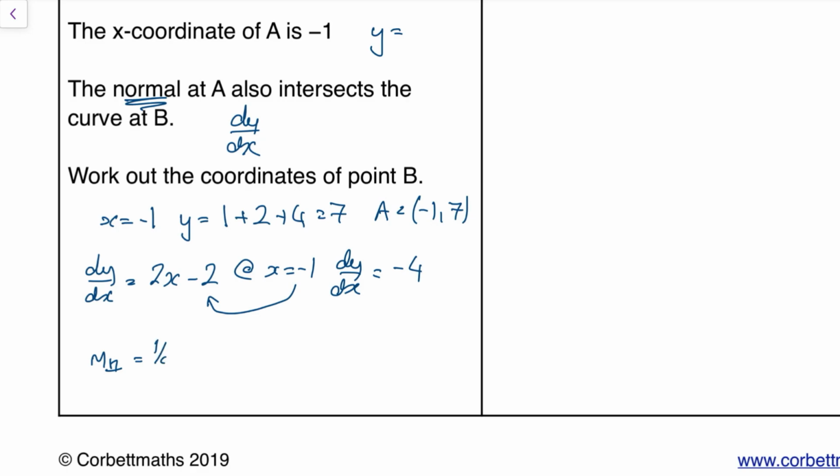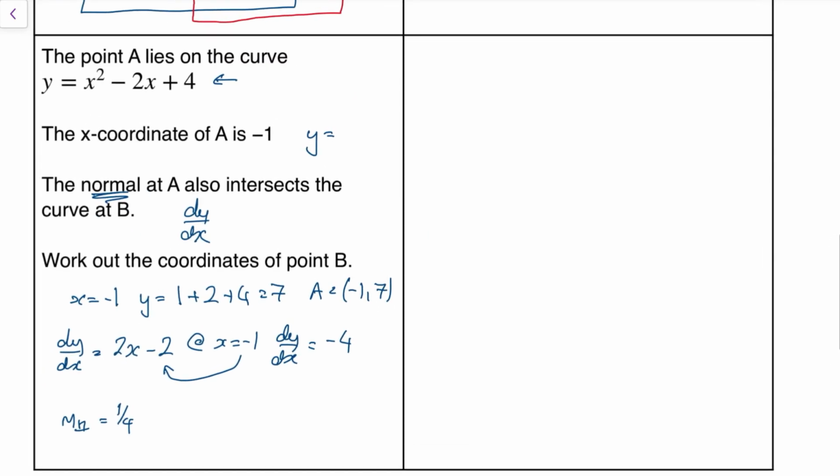So that's just going to be a quarter, which means, I think I'm getting somewhere, the equation of my normal is going to be y is equal to a quarter, the gradient, x plus c. And then I'm going to use the point A, which is (-1, 7). So that tells me that 7 is equal to a quarter times -1, which is minus a quarter, plus c, which means that c is equal to 7 1/4. 7 times 4 is 28, 28 plus 1 is 29.